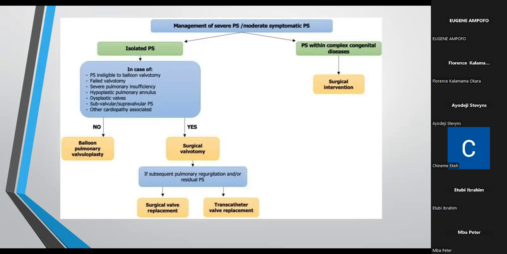And then if after doing surgical valvotomy there is subsequent pulmonary regurgitation and or residual PS, you can do surgical valve replacement or transcatheter valve replacement. And then if there is symptomatic PS within complex congenital heart disease, you want to do possible surgical intervention too.